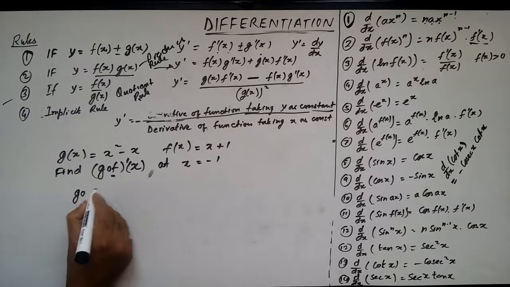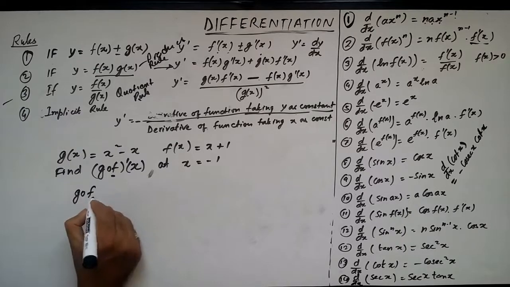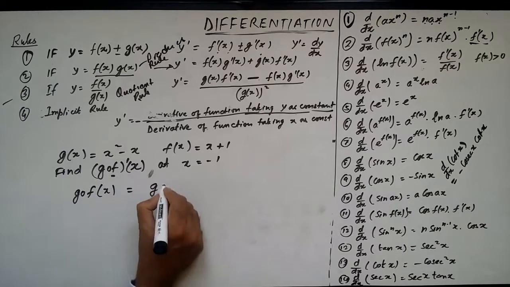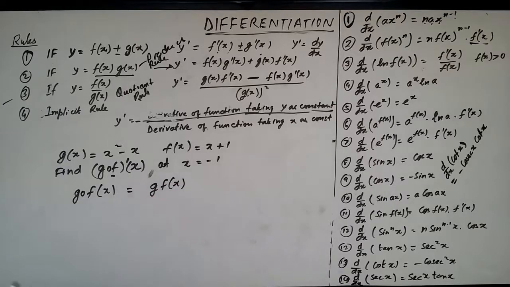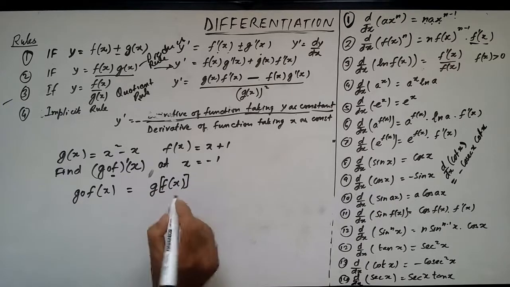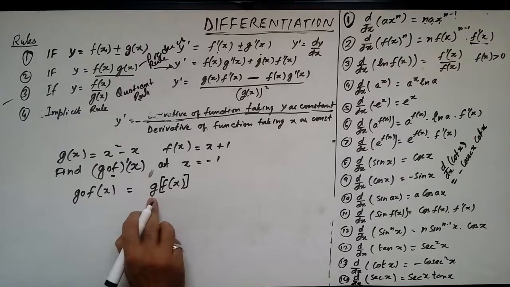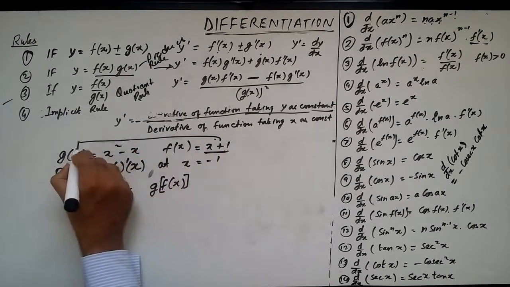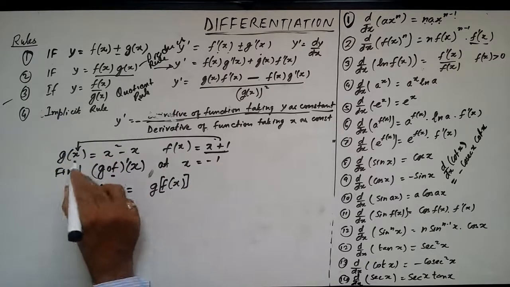So let's find out what g of f(x) is. It means g of that function of x. That means we'll put the function f(x), which is x plus 1, inside g as the input.